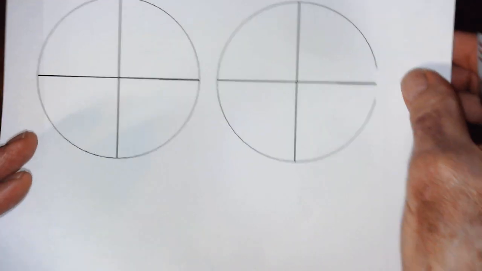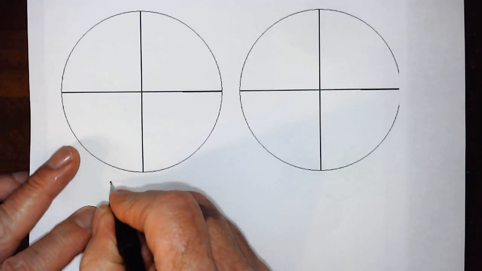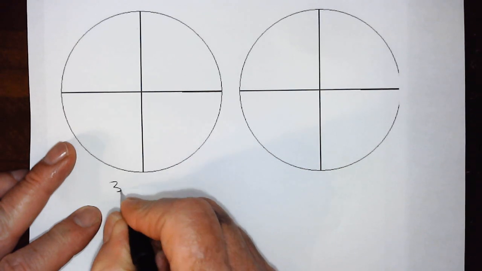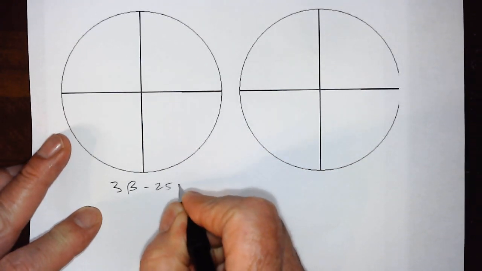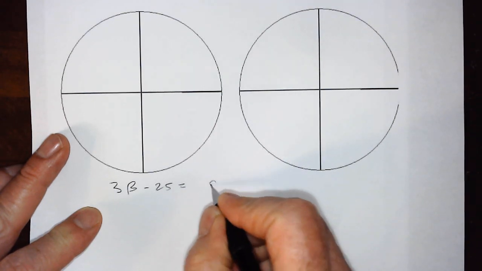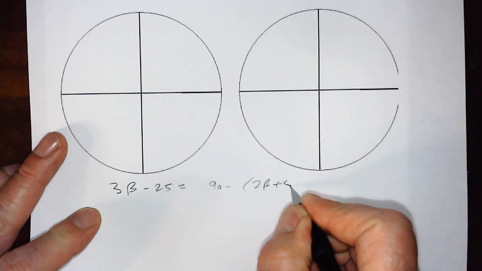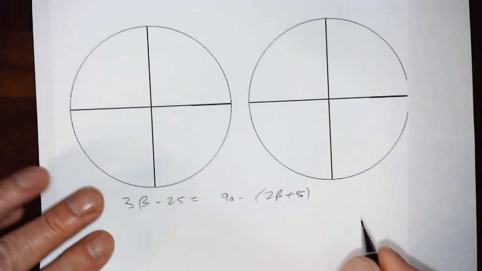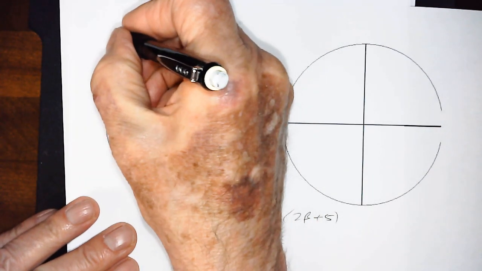And just to remind you where we stopped here, I'll rewrite what we ended up with on the other. 3 beta minus 25 equals 90 minus 2 beta plus 5. And remember the original question was this. I'll put that up at the top.